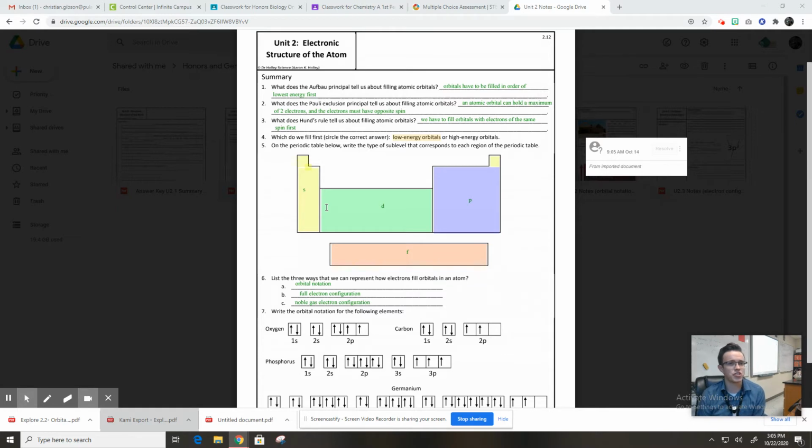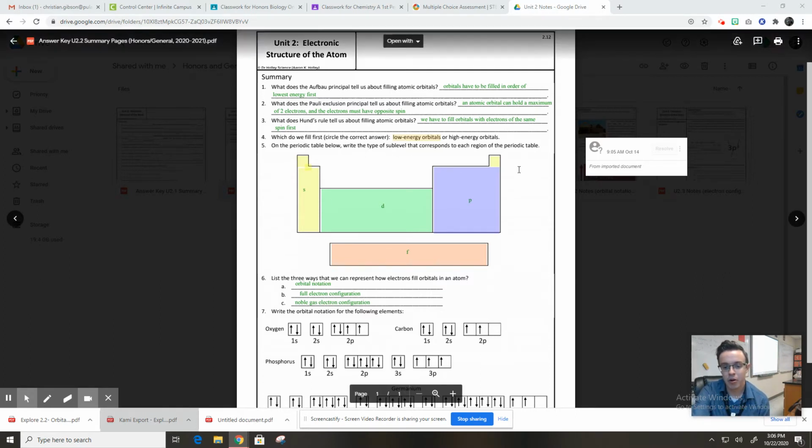Certain sections of your periodic table will correspond to regions on the periodic table. So these first 2 columns in the periodic table correspond with the S sublevel. All of the elements in these columns, their last electron will go in the S sublevel.